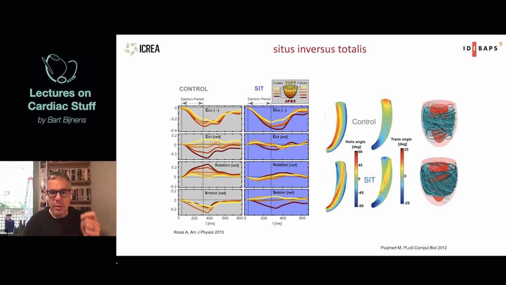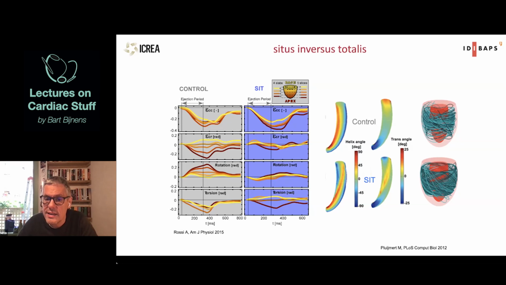So with this combination, you get a different solution of this optimization problem, because in the end, engineering-wise, it's an optimization to have an optimal fiber orientation, given the circumstances, in order to get most of the deformation with the lowest energy. In your control hearts, you have a change in the angle from epi to endocardium, but that is very homogeneous in the base and the apex.